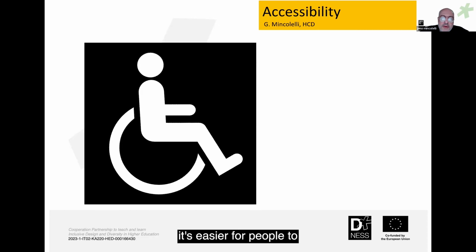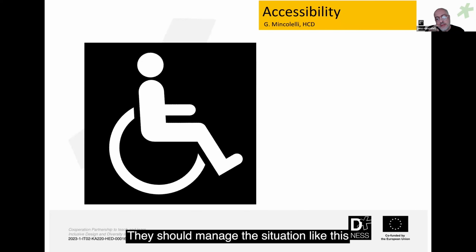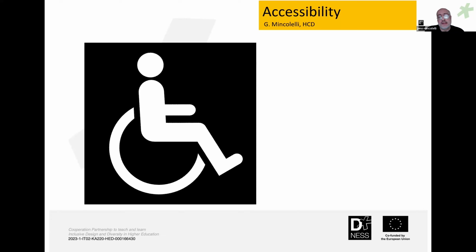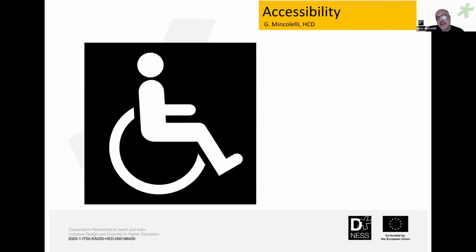It's easier for people to think about disability like a stigma, a clear definition. It makes people more confident about their behavior, the way they should manage a situation like this. As designers, we do not accept it. No, we should not accept it.